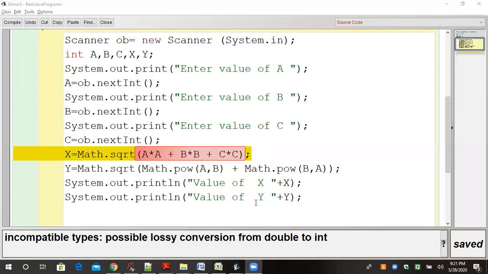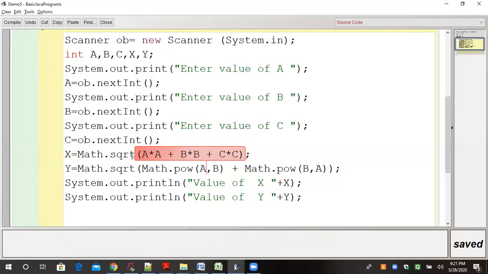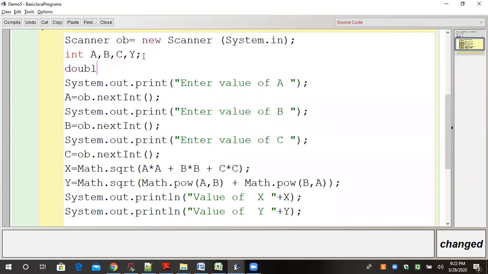Double. Double. Okay, okay. Yes, yes, I will repeat. See, math.sqrt always returns the double type value. Yes or no? So x must be which type of variable? Double. Correct. So I am just removing it from here. Please make yourself mute. All right.